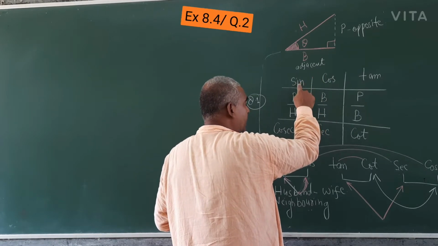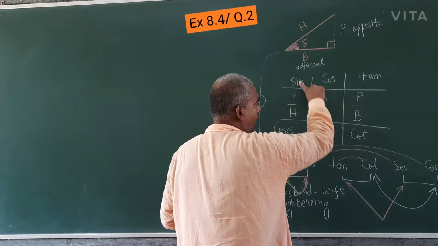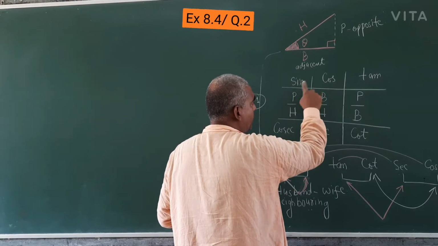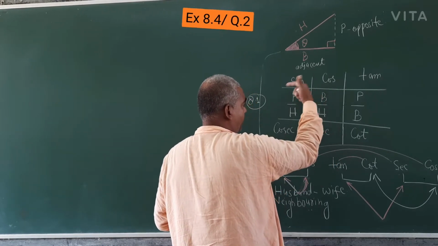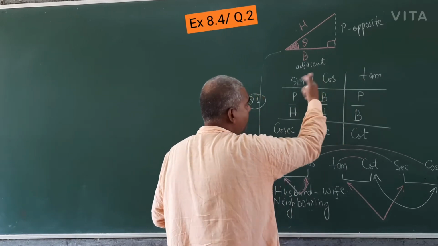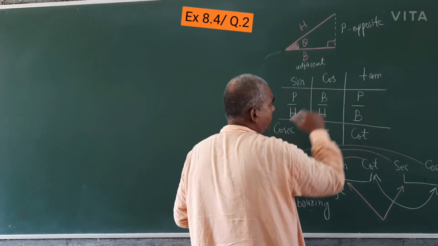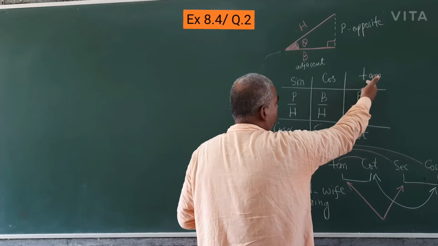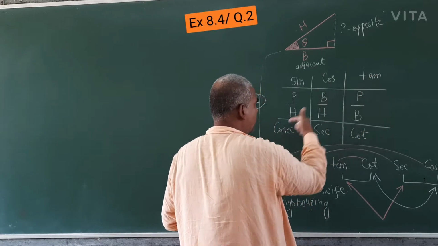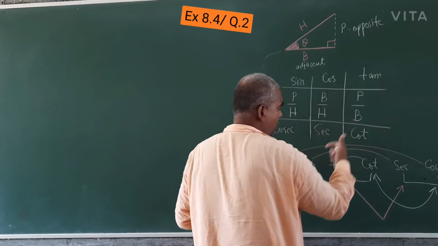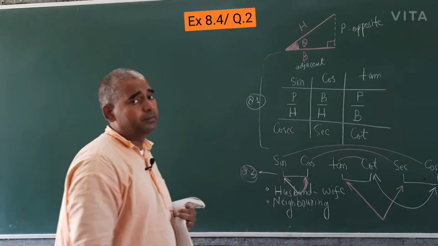If you got sin and cos, then with the help of this you can find tan, that is sin upon cos. If you got tan, then sin inverse is cosec and tan inverse is cot. So all the values you have found.